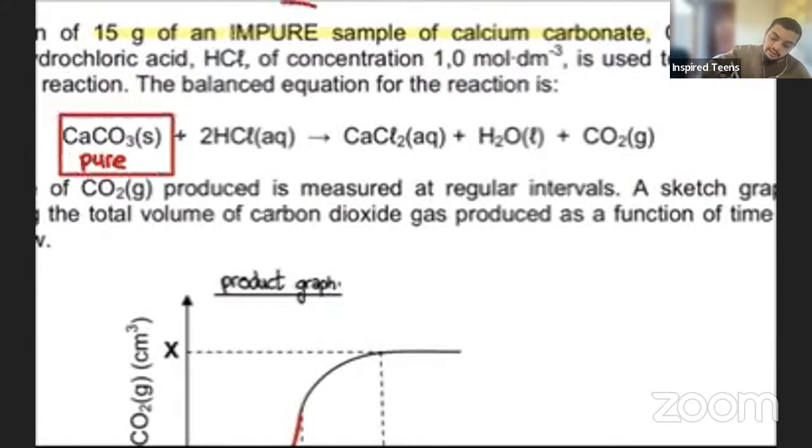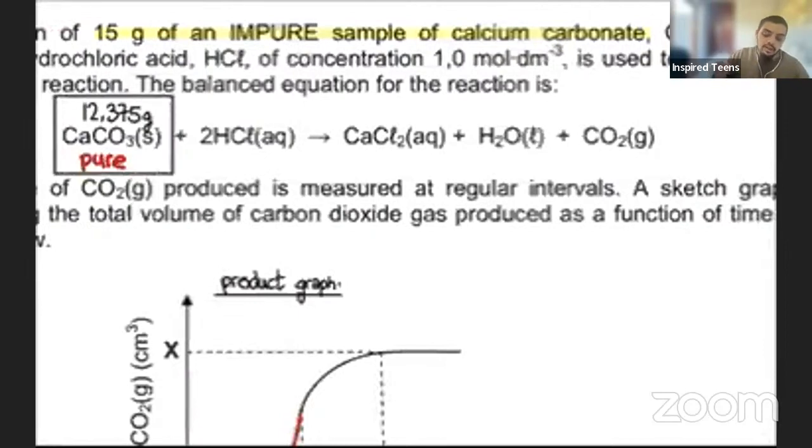This impure sample contains this amount of CaCO3, which we worked out to be 12.375 grams. So whatever else is left, about 2.625 grams, that's the impure, the dirt that's not going to react.